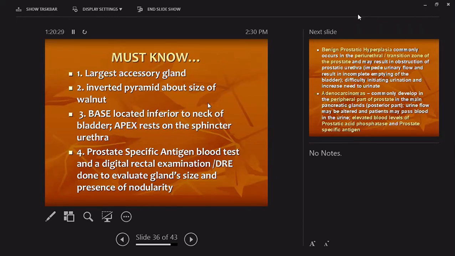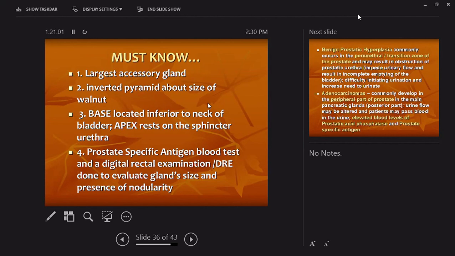The apex rests on the sphincter urethrae, so if it is involved, there will be problems in micturition. The prostate-specific antigen blood test and a digital rectal examination, DRE, are done to evaluate gland size and presence of nodularity. So the posterior area is being tested.